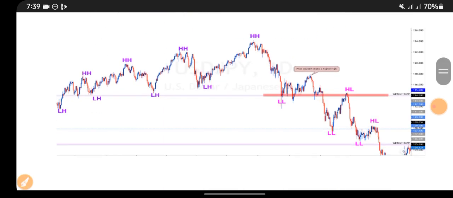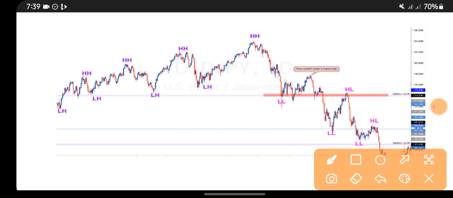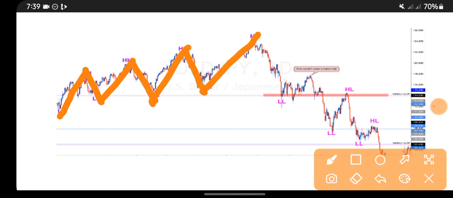Now let's have a textbook example. As you can see here, you have a higher high, a higher low, higher high, higher low. It's a series of higher highs and higher lows.